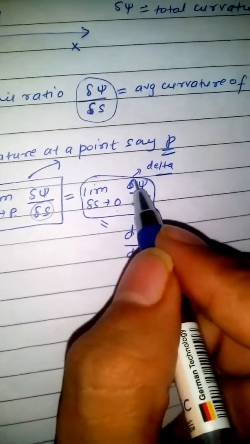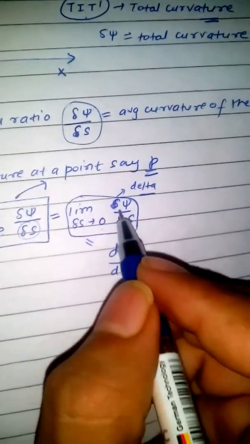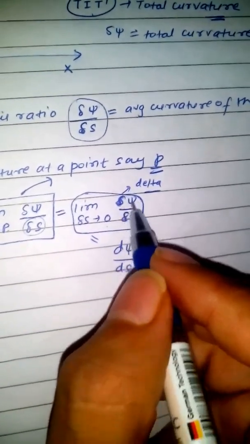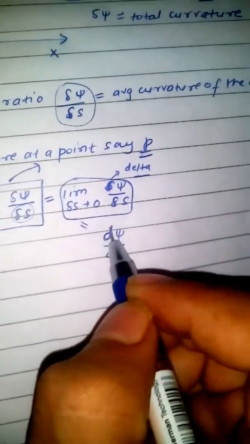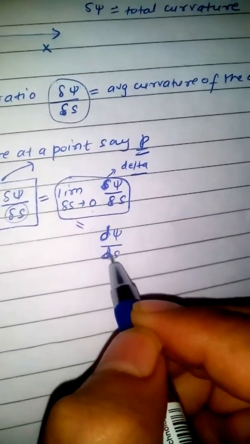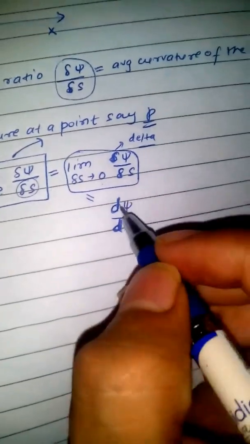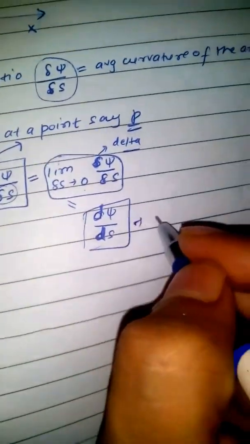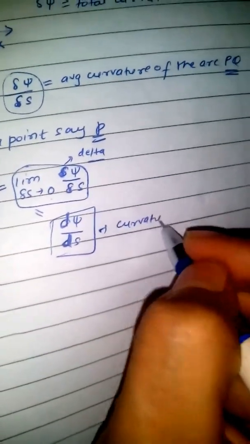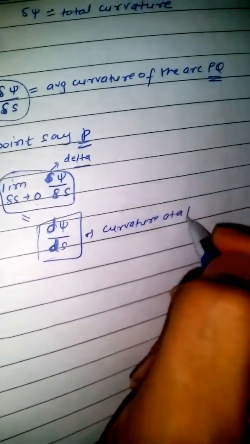The big delta is a relatively bigger change, and the small d is a very small change. So d psi by ds is the curvature at a point.